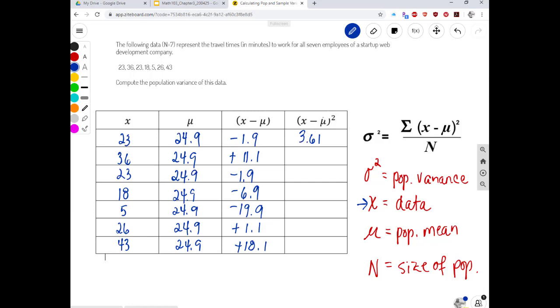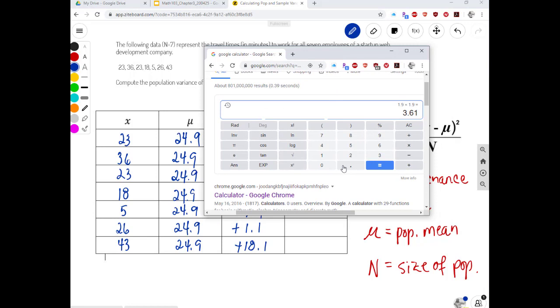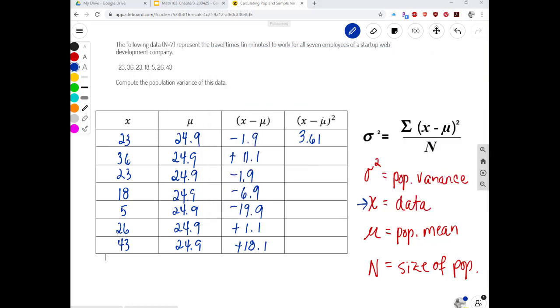Now I'm going to take 11.1 and square it, and I get 123.21. I'm going to take negative 1.9 and square it again. I already did that, so I get 3.61. See, I did it before. Now I'm going to square negative 6.9.